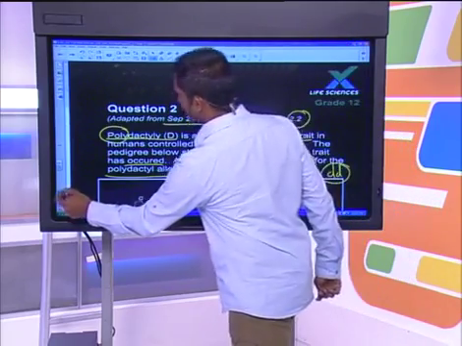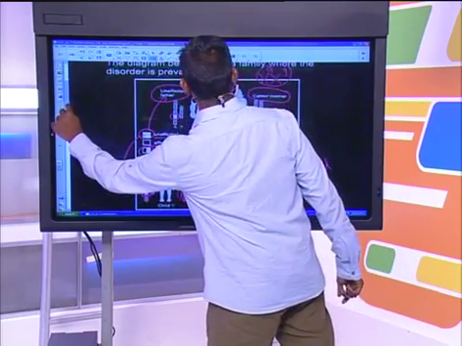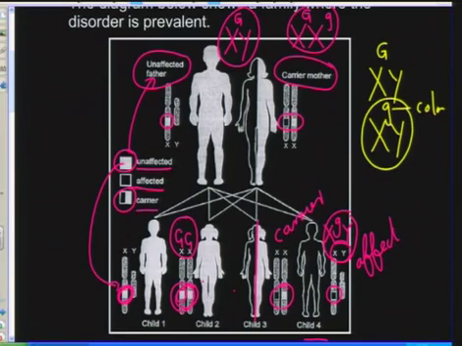If we look at this diagram, we can see that for a male the genotype is represented by the letters X and Y. What is the possibility of a male having the disease? If we take the letter G and small g representing colorblindness, for a male to be affected he needs a single small g, as you can see. However, for a female to be affected, she needs two small g's.